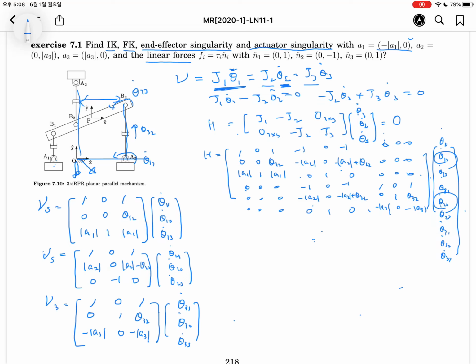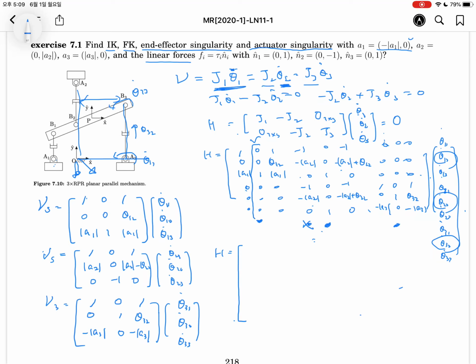Okay, here this mechanism has 3 active joints, where the prismatic joint must be active. So active, active, and active. Is it right? The corresponding column vector, this column active, I'm sorry, this is not active, active and active. Let's collect the active part. Okay, so H can be rearranged.